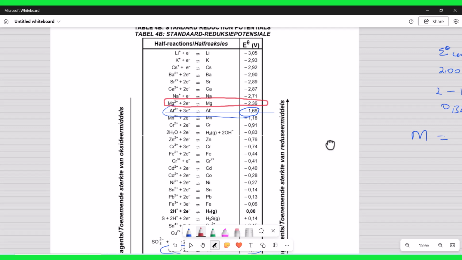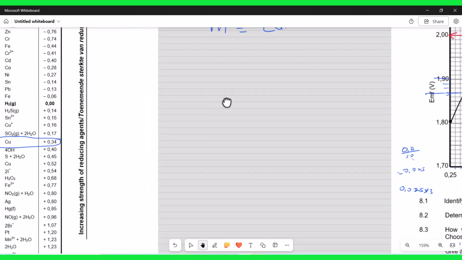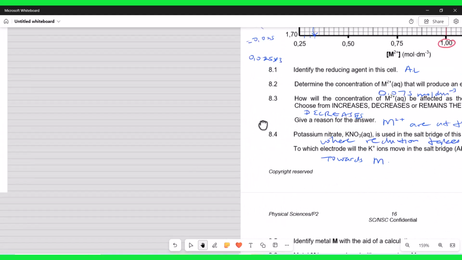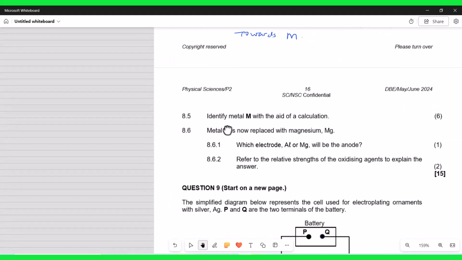So magnesium will form our anode. So 8.6.1, our answer is what? It is magnesium. Magnesium is going to be the anode.